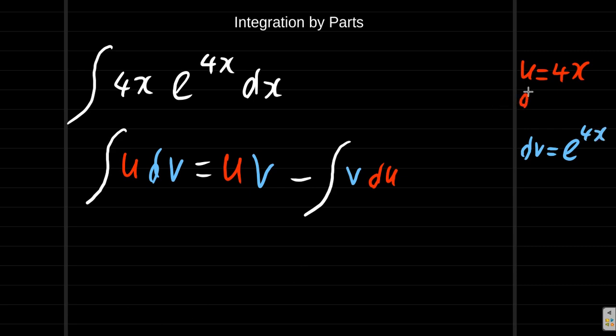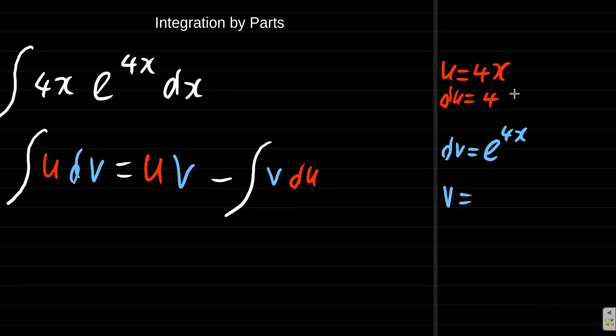Now, du will be 4. When you differentiate 4x, you get 4. We want to find out what is v. In order to go from dv to v, you have to integrate. All right? So this is du equal 4 dx.